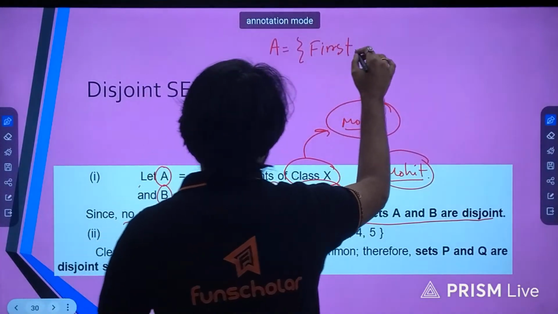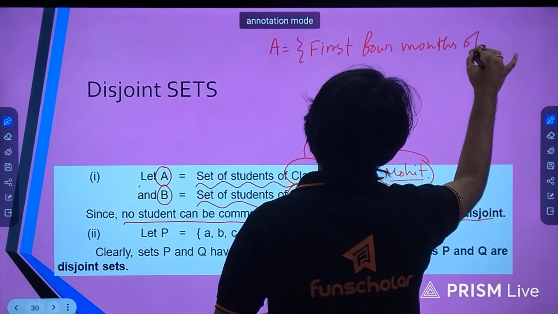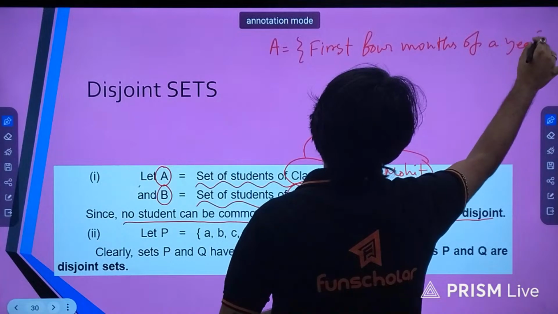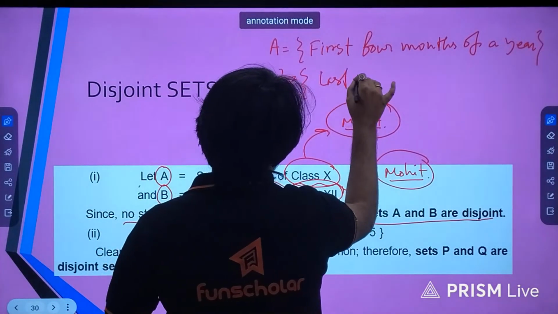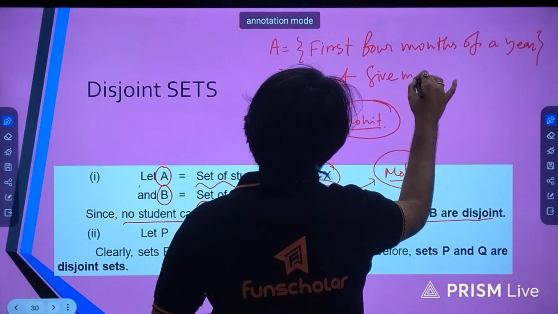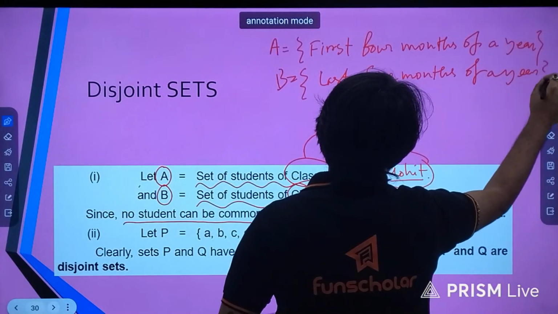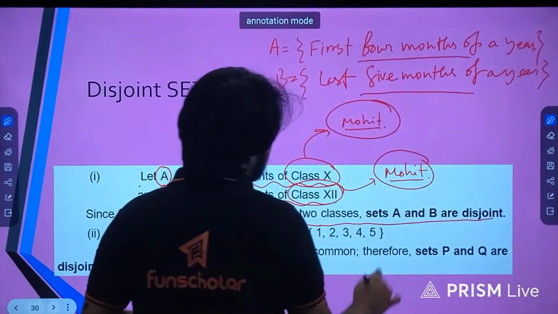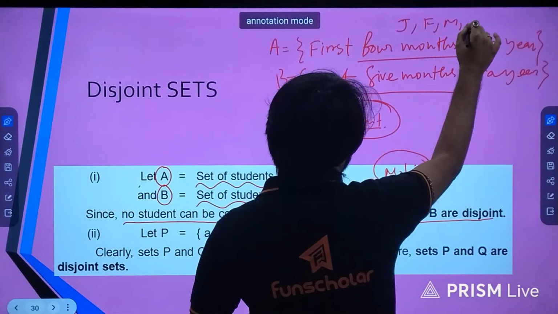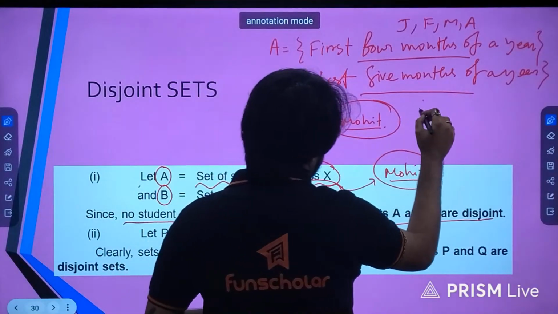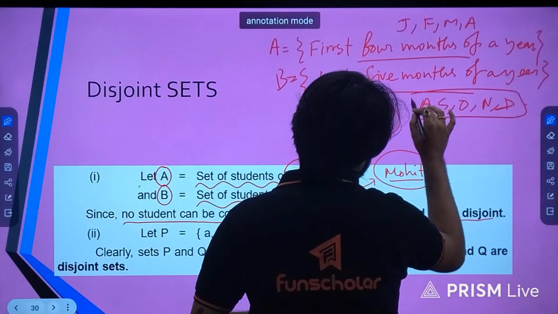Suppose A equals the first 4 months of a year and B equals the last 5 months of a year. Are they the same? Here the four elements will be January, February, March, April, and here August, September, October, November, December.